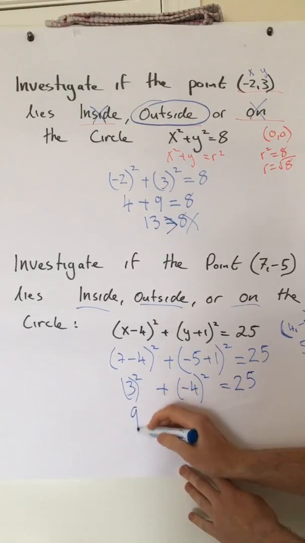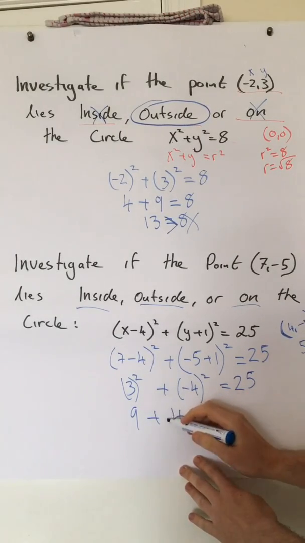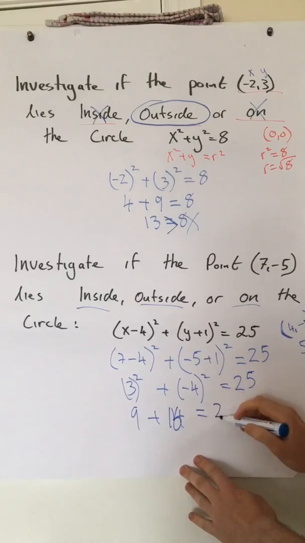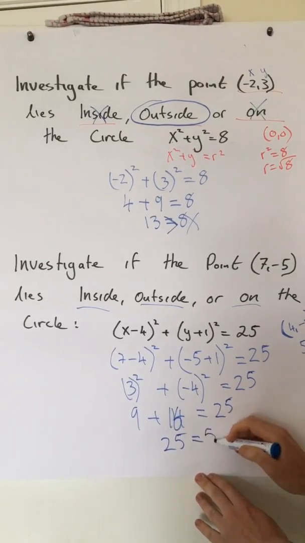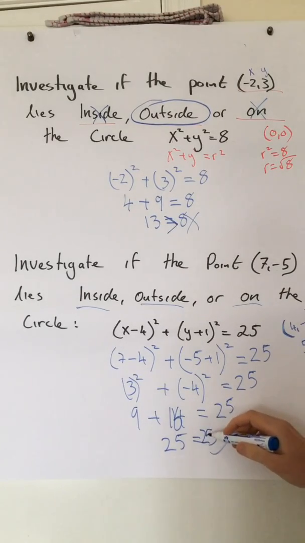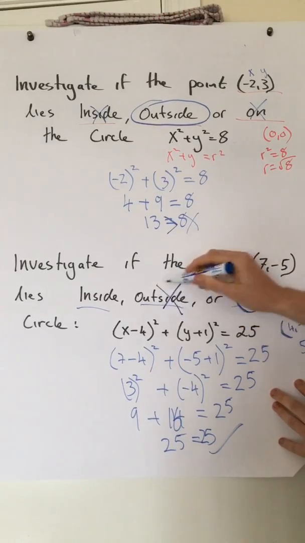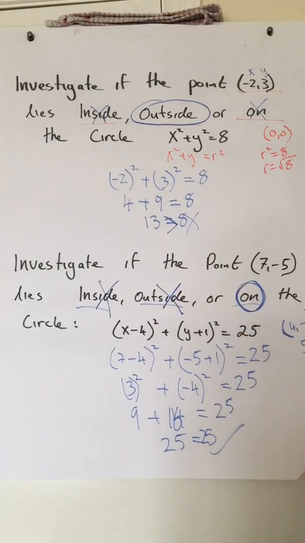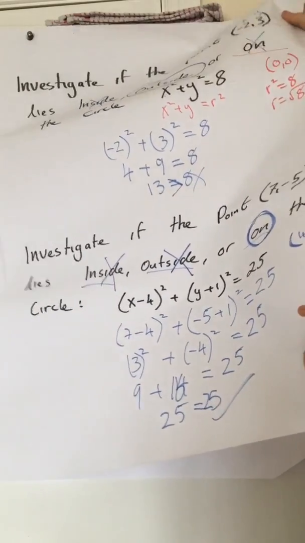Finally, I get 9 plus 16, so we get 25 is equal to 25. Because this is true and the two numbers are the same, that point is on the circle.